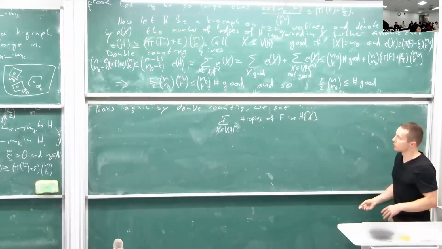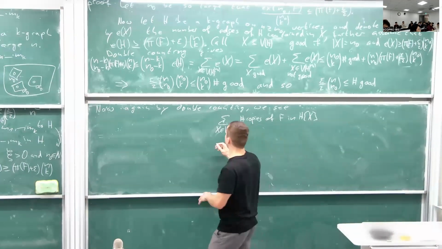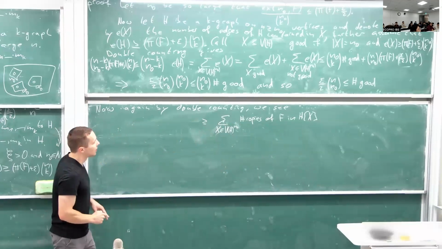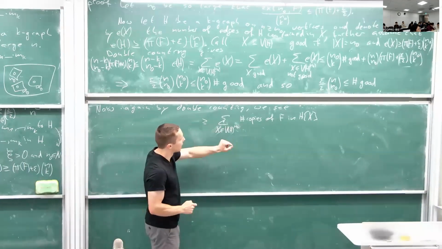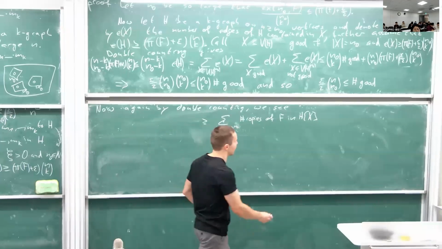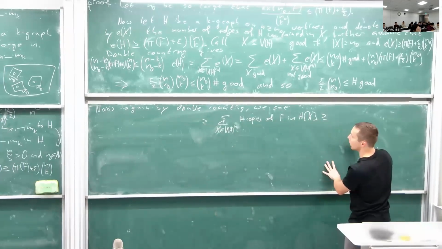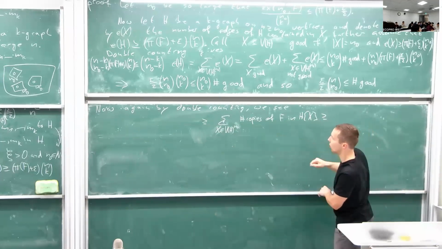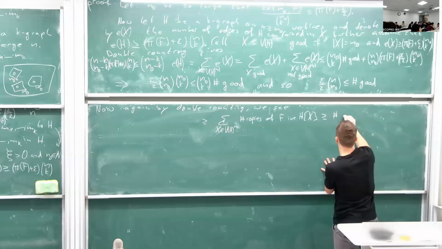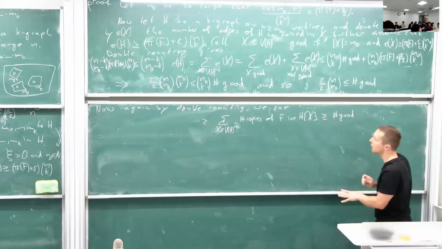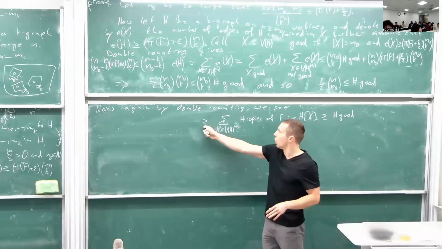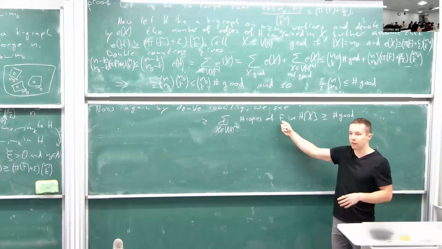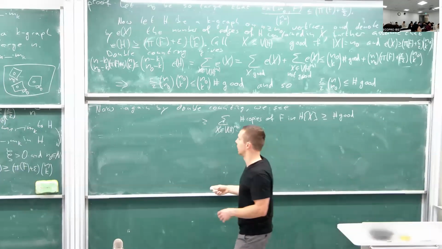Okay. So on the one hand, we just know that this is greater or equal to the number of good X. And on the other hand, we know that with this, we definitely count each copy of F in H. And again, we overcount, right?